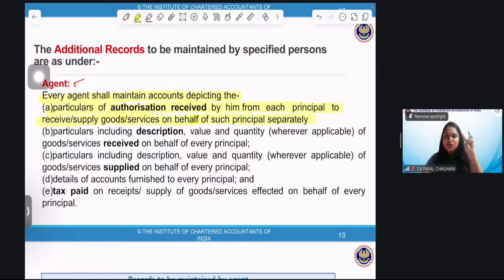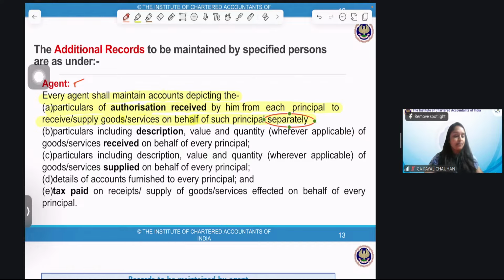Just imagine there are three different registered persons. When they authorize me, they say, you are working like our agent, we give you authorization to receive goods on our behalf and supply goods on our behalf. How will I receive the authorization? Perfectly, I'll receive the authorization separately. Did you understand?